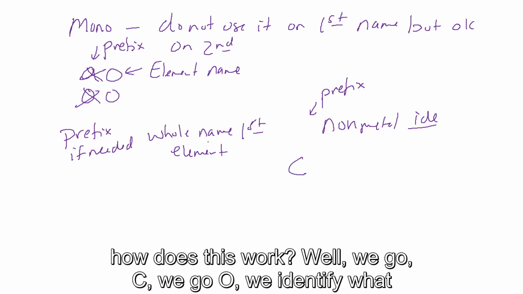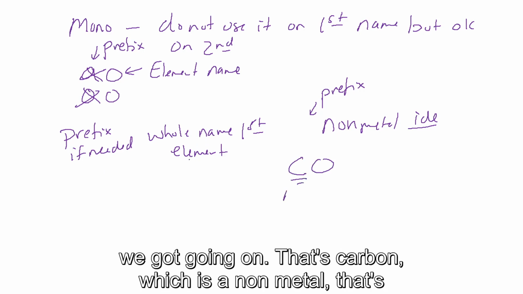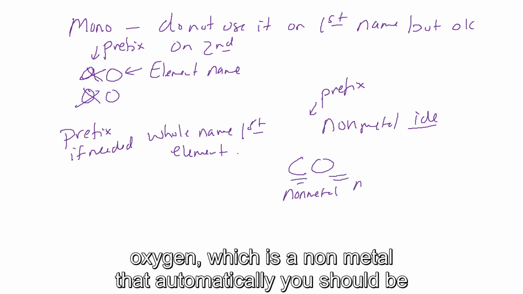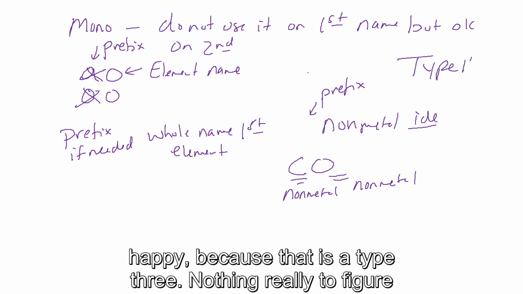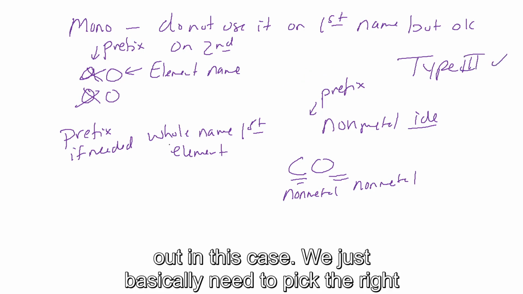Well, we go C, we go O, and we identify what we've got going on. That's carbon, which is a nonmetal. That's oxygen, which is a nonmetal. That automatically, you should be happy, because that is a type 3. Nothing really to figure out in this case. We just need to pick the right prefix.